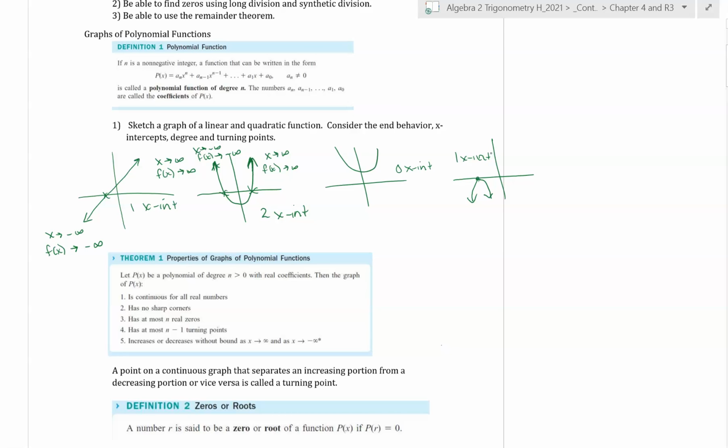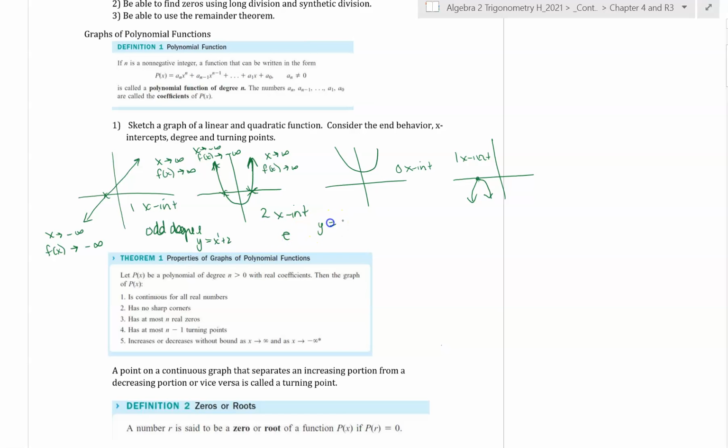Let's see, what else could we think about? You also might want to think about the degree. Notice that the line had an odd degree, because when you write an equation of a line, for example, you might say y equals x plus 2. So the degree is odd. We talked about degree a little bit. Also, you might want to think about a quadratic.